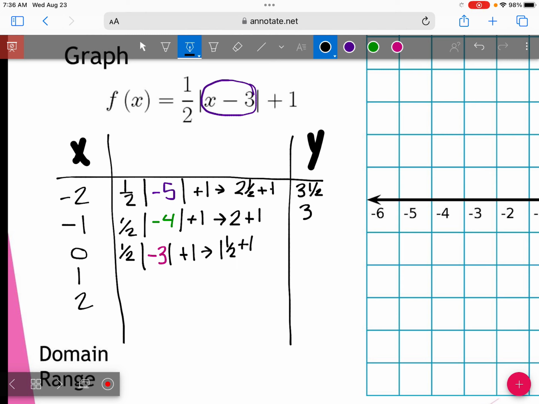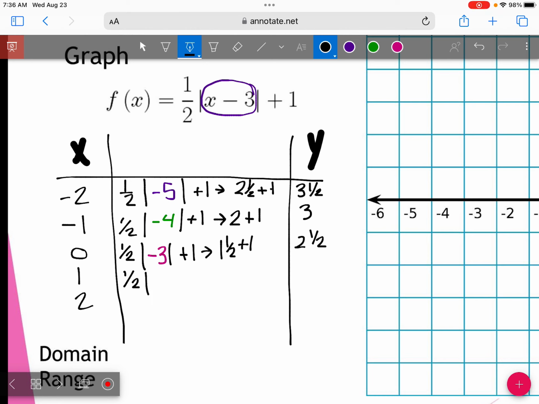Plus 1, which gives me 2.5. This one feels so long. We're going to keep on trucking.